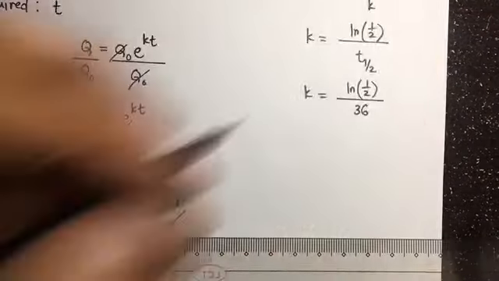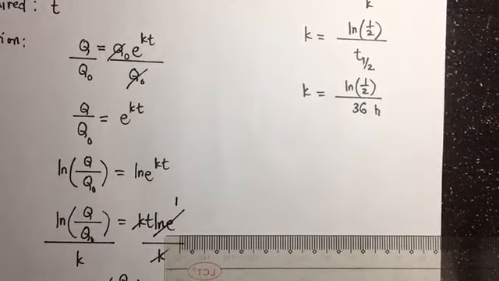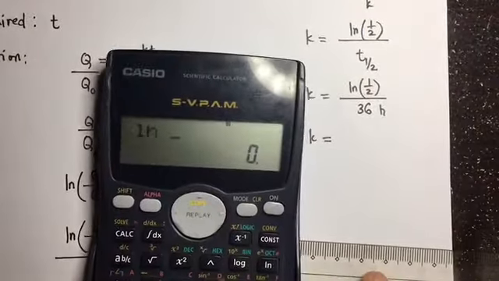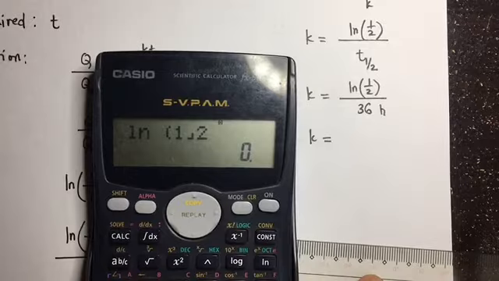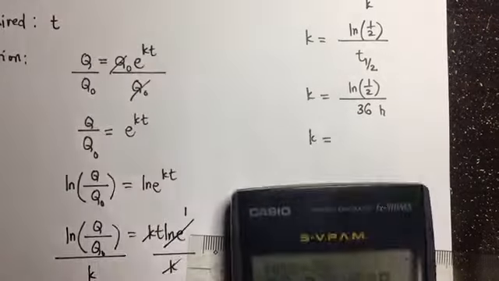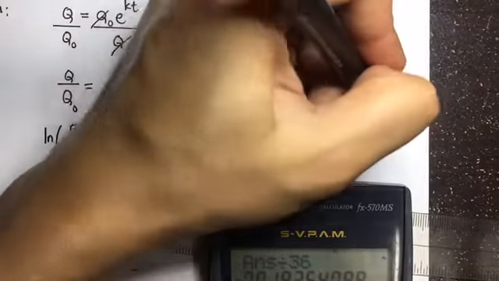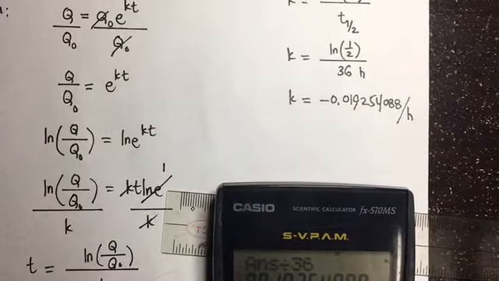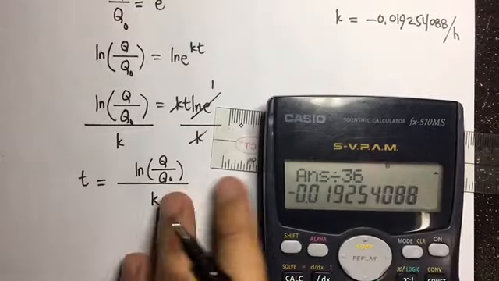If we include the units, it's per hour. ln of 1/2 is unitless. If we convert this into decimal, ln of 1/2 divided by 36 is negative 0.019254088 per hour. Or we can simply use ln of 1/2 over 36. It depends upon your preference.